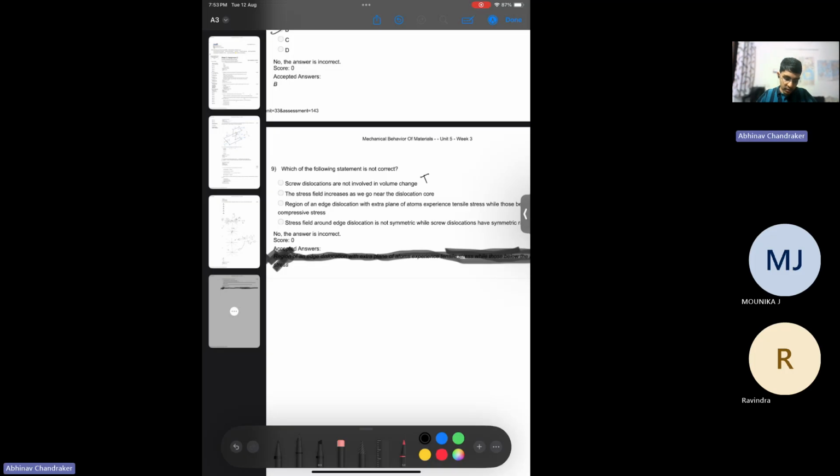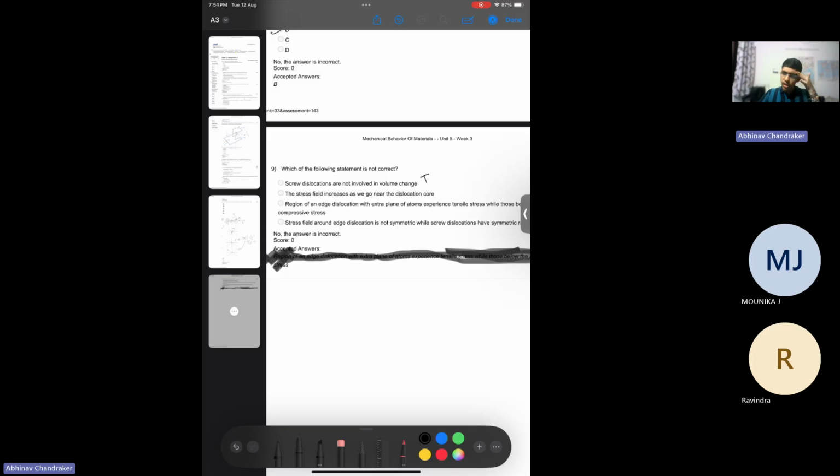The stress field increases as we go to the dislocation core. Yes, the closer you go to the dislocation core, the greater the stress field, because the dislocation is nothing but a kind of distortion, a mismatch in the material, which is associated with bond lengths that are different from the equilibrium value.